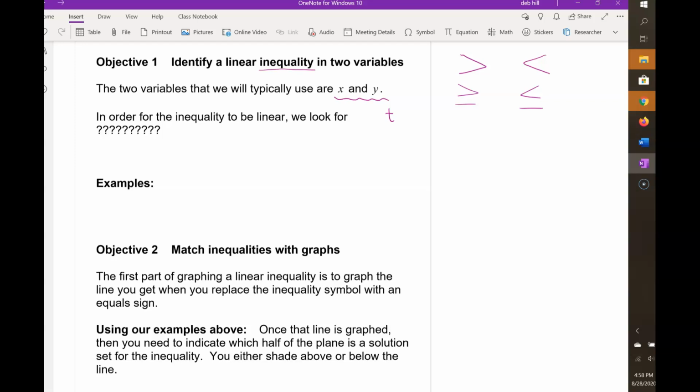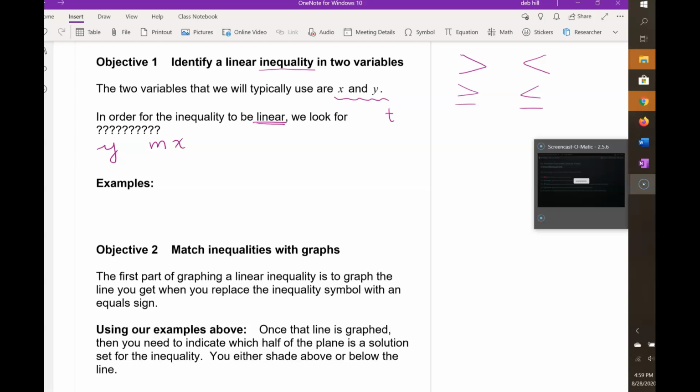So in order for an inequality to be linear, to meet the definition of linear, we look for something that looks like y and mx plus b. So hopefully that looks vaguely familiar from when you learned about lines.